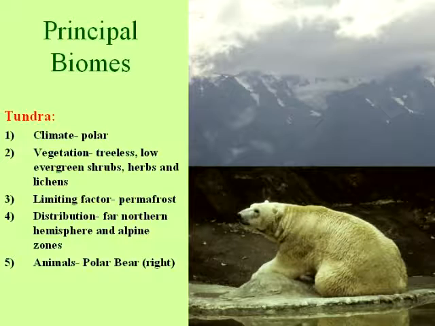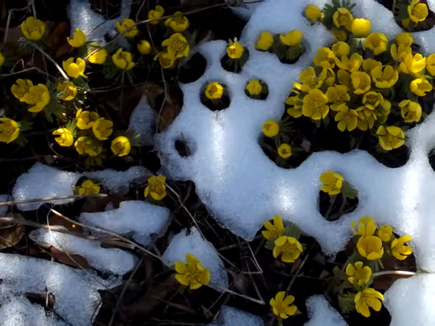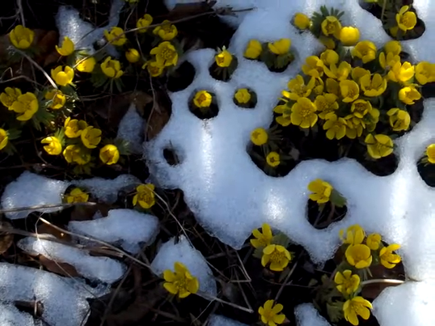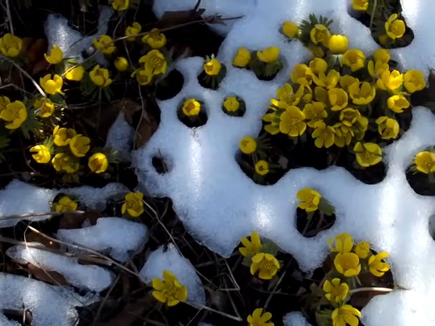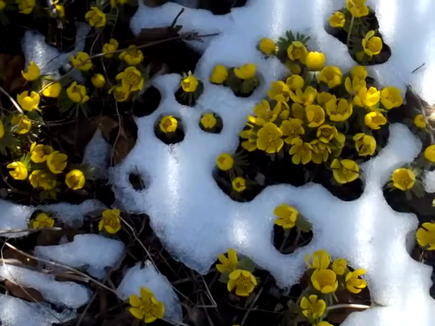And as you've seen in the last few photos, the vegetation is characteristically treeless with low evergreen shrubs, and when I say low, I mean a couple inches high, but they hang on to their leaves because in the very short growing season, it's better to not have to wait to grow leaves to carry on photosynthesis. If you have evergreen leaves, on the first day above freezing, you can start to photosynthesize.